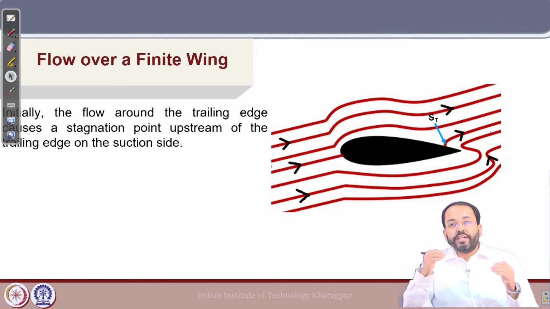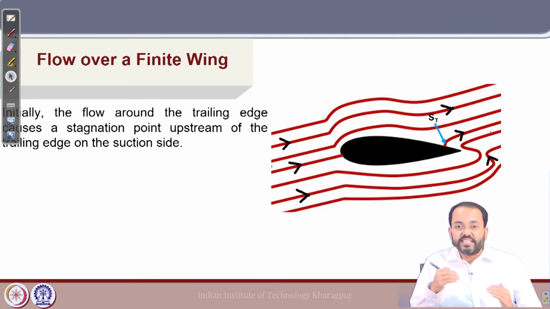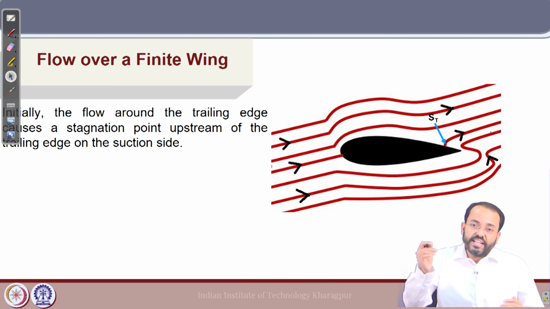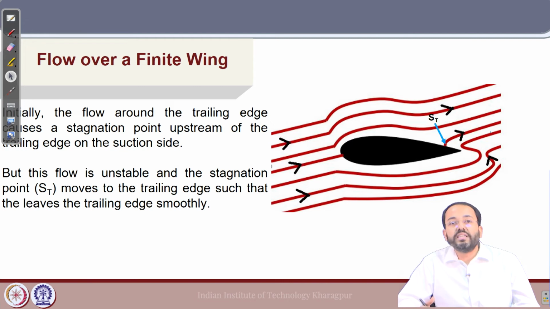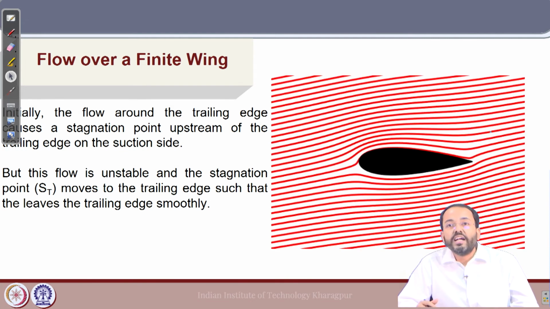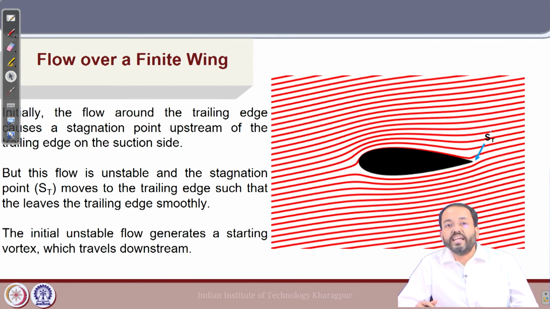Initially, because of the pressure difference between the two sides, the flow moves around the trailing edge and the stagnation point is on the suction side, but this is not stable. Gradually, as the flow becomes stable, the stagnation point shifts from that location to a location on the trailing edge.